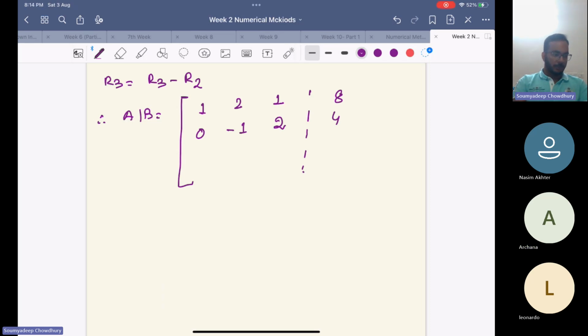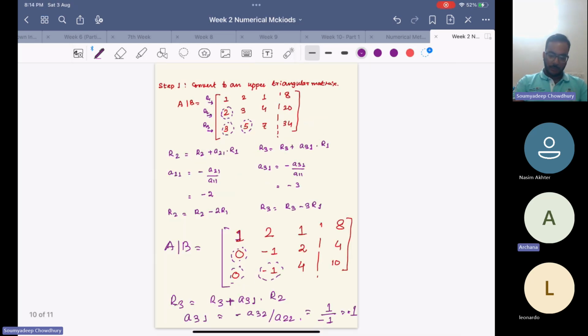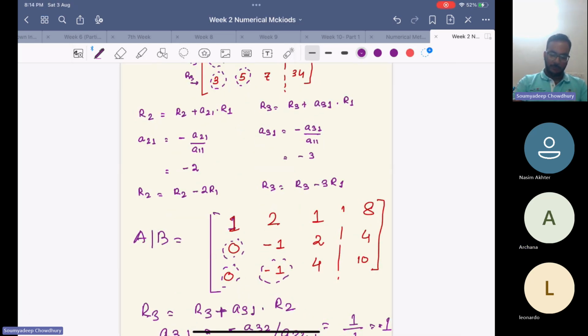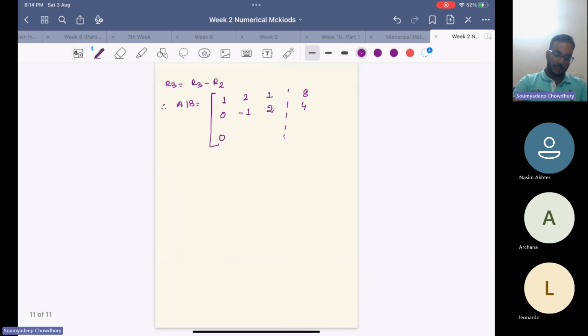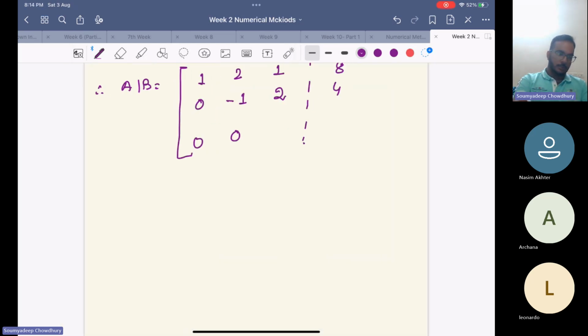This will get replaced by R3 minus R2. So 0 minus 0 is 0, minus 1 minus minus 1 is 0, 4 minus 2 is 2, 10 minus 4 is 6. So this row is 0, 0, 2, and 6.